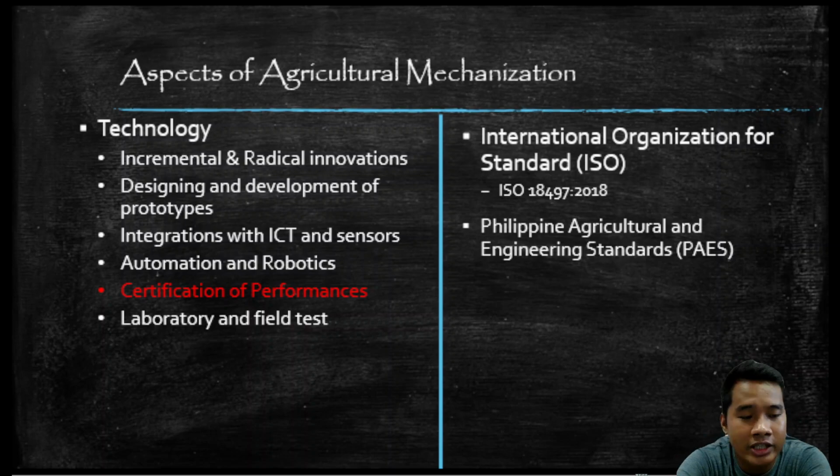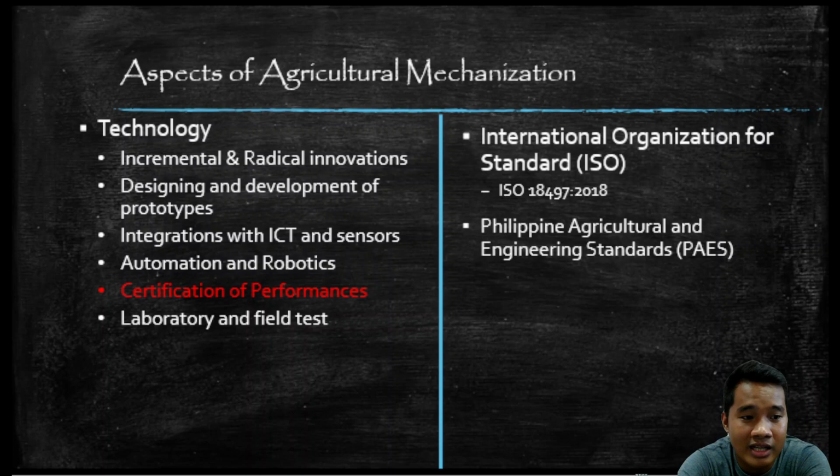There is an international organization for standards, so-called ISO, and this ISO 18497:2018 is for agricultural machinery. Okay. We have also a national standard.